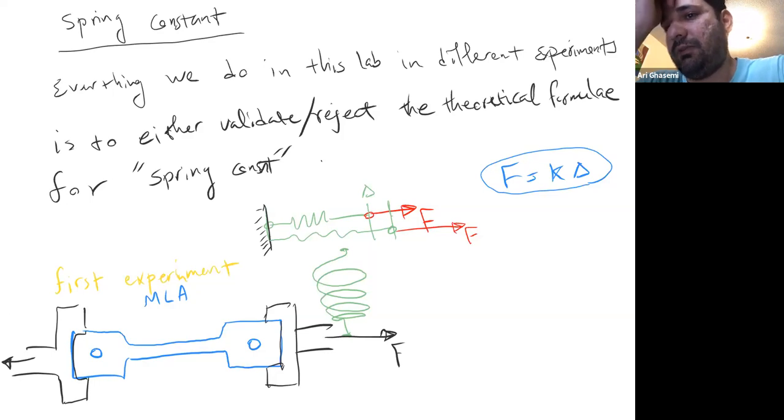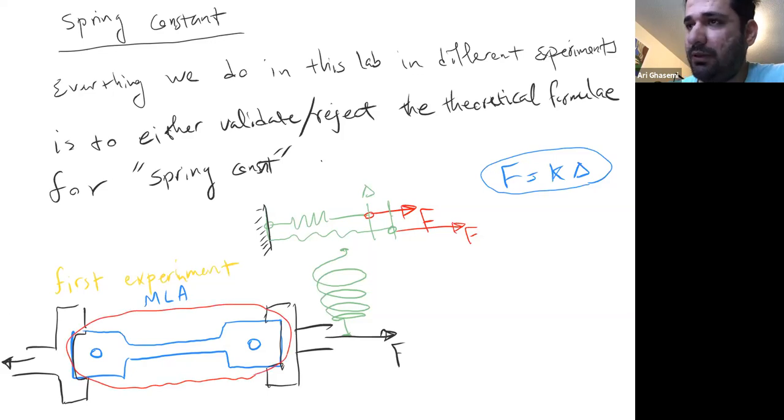And then we had a student in the lab who was just looking on the table, trying to find where the spring is. Well, this specimen is the spring, but how come? How come this is a spring? Well, when you apply this force, this is going to stretch, because it's called an elastic material.